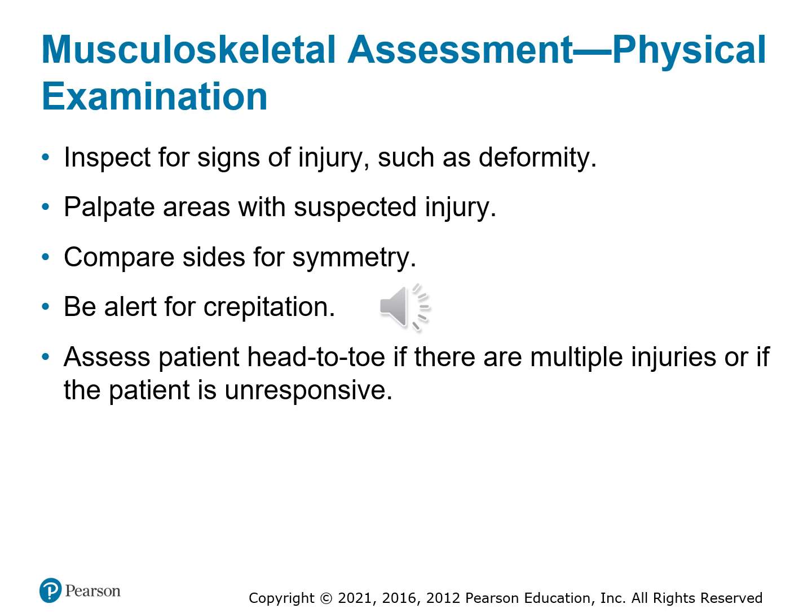Crepitation is bone on bone grinding, and sometimes this may indicate a fracture, and that fracture may be a comminuted fracture where you've got a lot of little pieces of bone. Assess the patient from head to toe, and if there are multiple injuries or the patient is unresponsive, we may need to do this quickly, but we've got to address the life threats first.